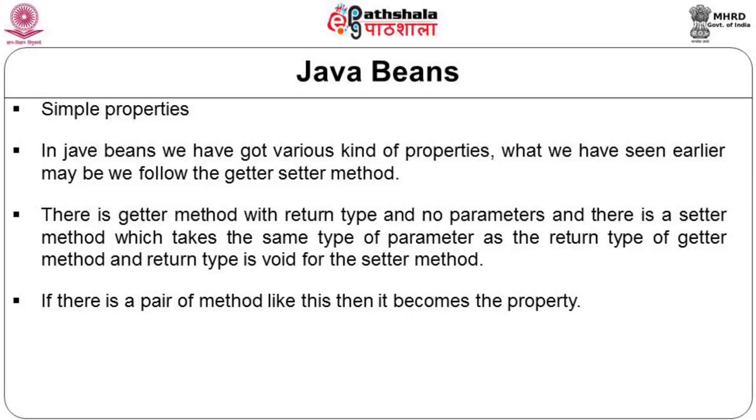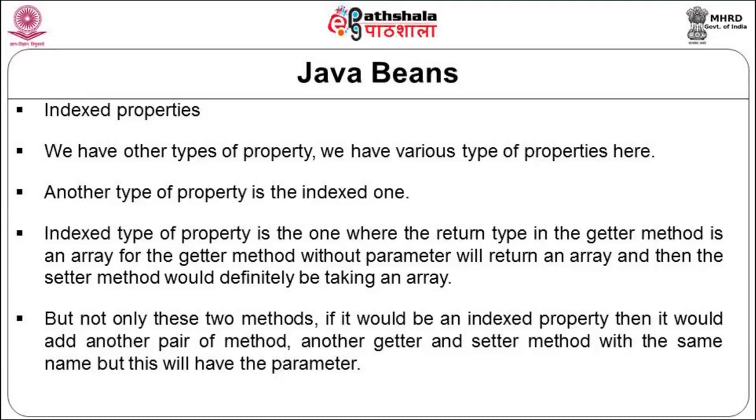We have other kinds of properties. Another type of property is the indexed property. An indexed property is one where the return type of the getter method is an array. The getter method without a parameter returns an array, and the setter method would then take an array. But it is not only these two methods.